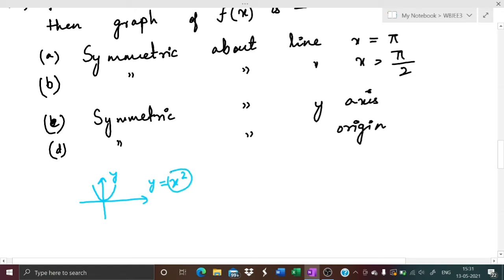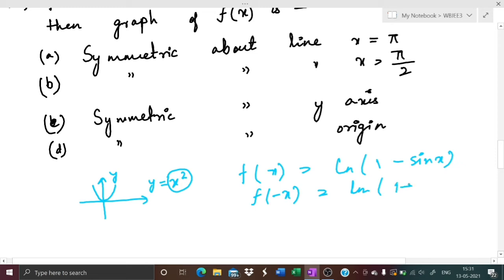Your function is an even function, then the graph is symmetric about the y-axis. But over here you can see that f of x equals ln of 1 minus sin x, and f of minus x would be equal to ln of 1 plus sin x. So obviously this is not an even function, so this is not symmetric about the y-axis.